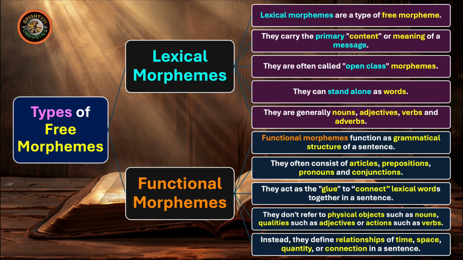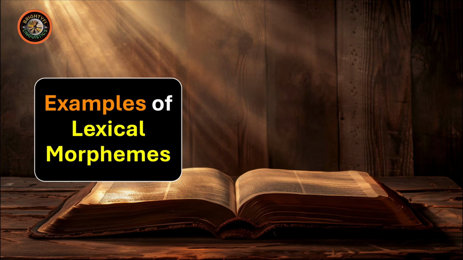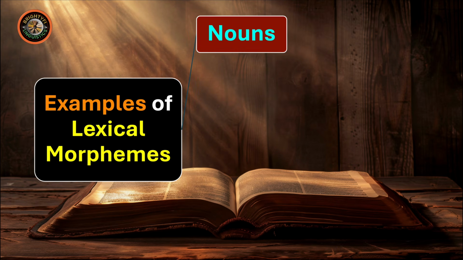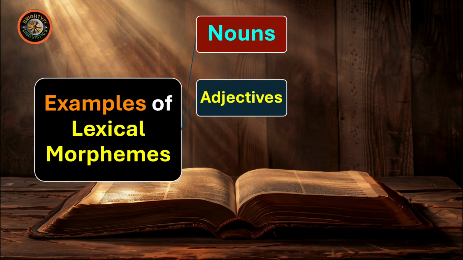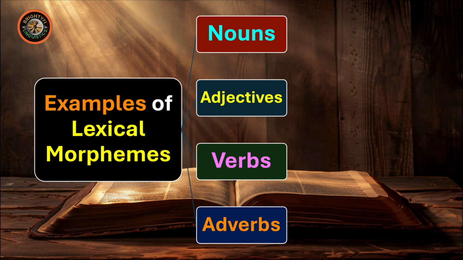Now, let's try to understand each one of them with examples for better comprehension and knowledge. Examples of lexical morphemes. We have the nouns, adjectives, verbs, and adverbs because they carry their own meaning. They are independent. For example, girl is a noun. It carries its own meaning.